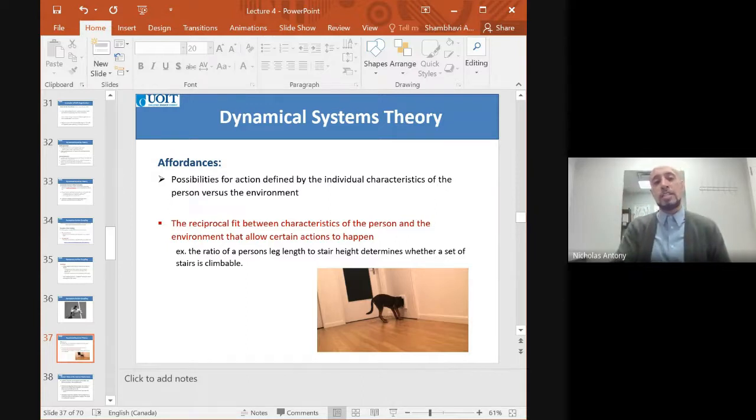So this whole concept of affordances means that we understand our relative fit of our body with our environment. There's an awareness of how we fit in relation to the world around us.